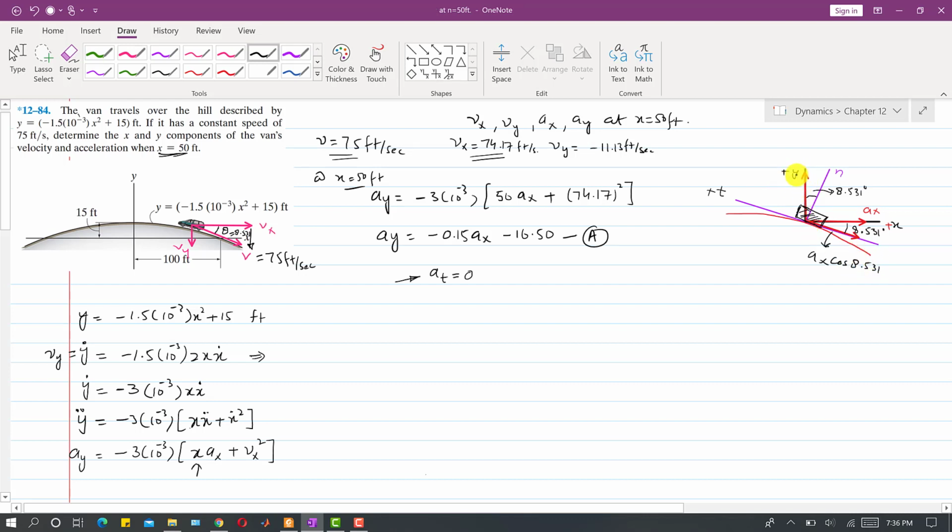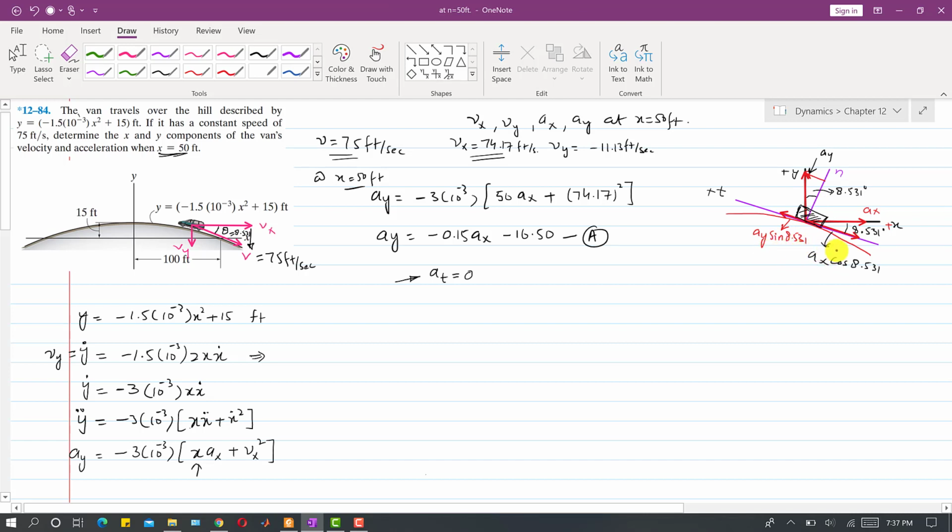And now if we find the component of this ay, so this is the ay component of the acceleration. If we resolve this ay and find its component along this t-axis, let's say that this is that component which is parallel to the t-axis. Then this vector will be the sine component of this ay, right? So this component will be ay sine of 8.531.